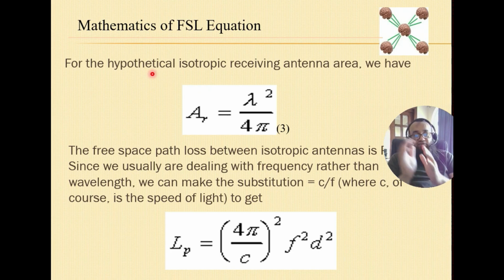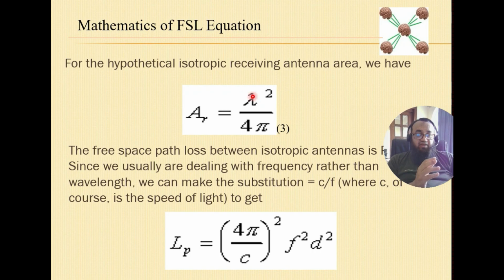Now again, if you are from physics, you know about the voltage standing wave ratio and how dipole antennas work. The antenna which is receiving, if its size is not as per the wavelength, then you don't receive the maximum power. So the receiving antenna should also be matched to the wavelength.